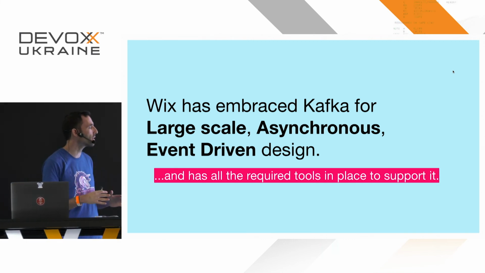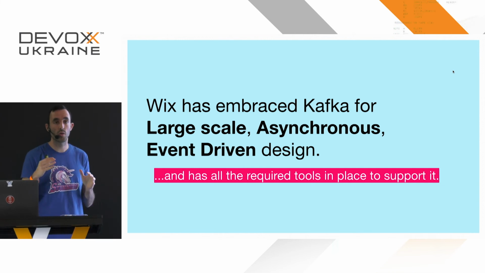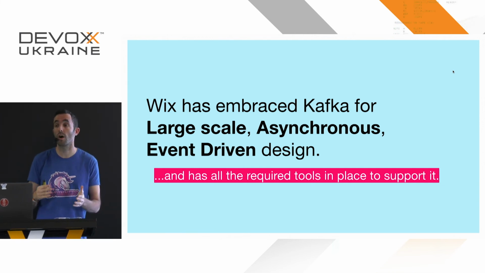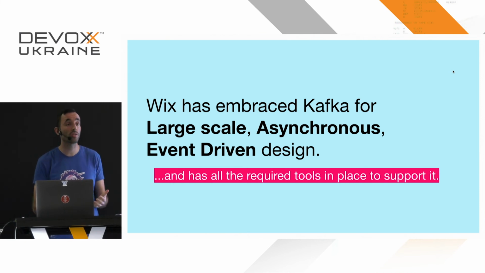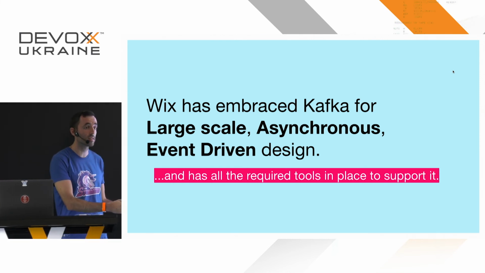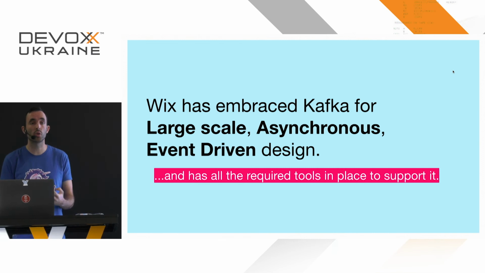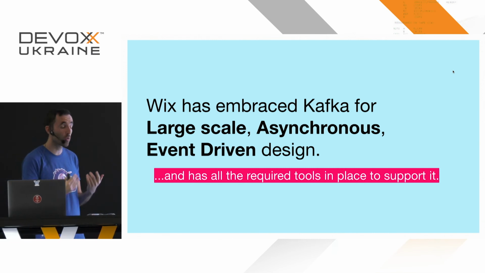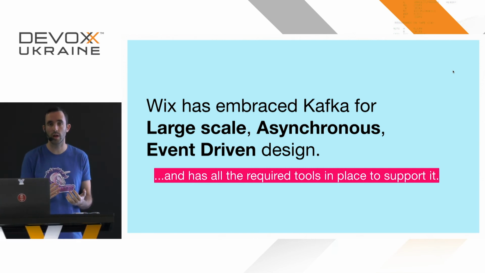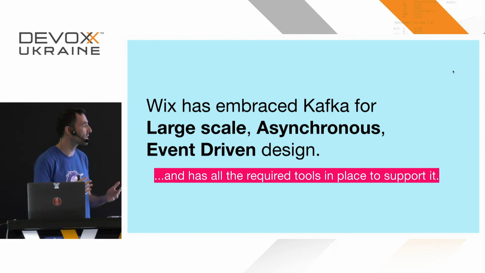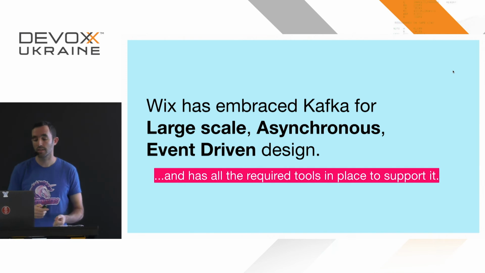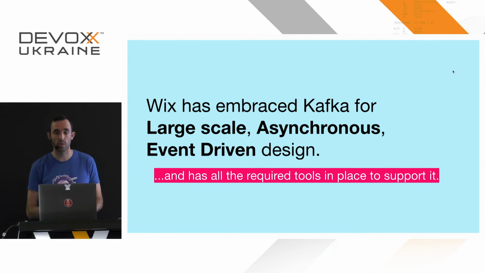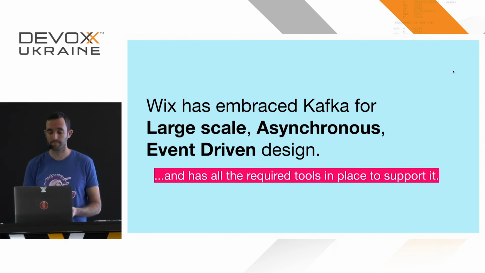So it's very important that you have the right tools in place to offer the production monitoring and fault tolerance with retries and a way to resolve issues that will happen. We all know that production is not a perfect place, so you really want these tools in place. So that's what we've learned, and that's what we created.